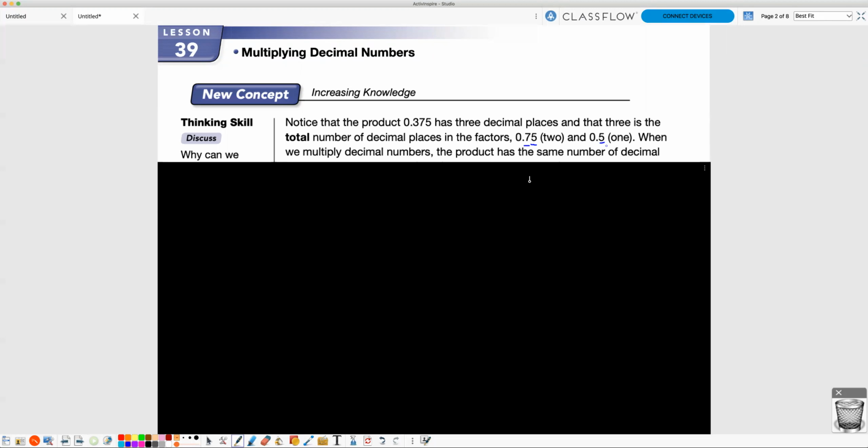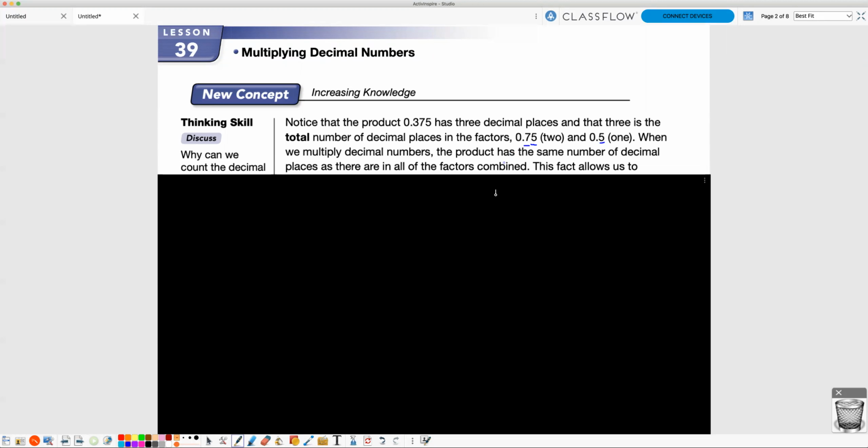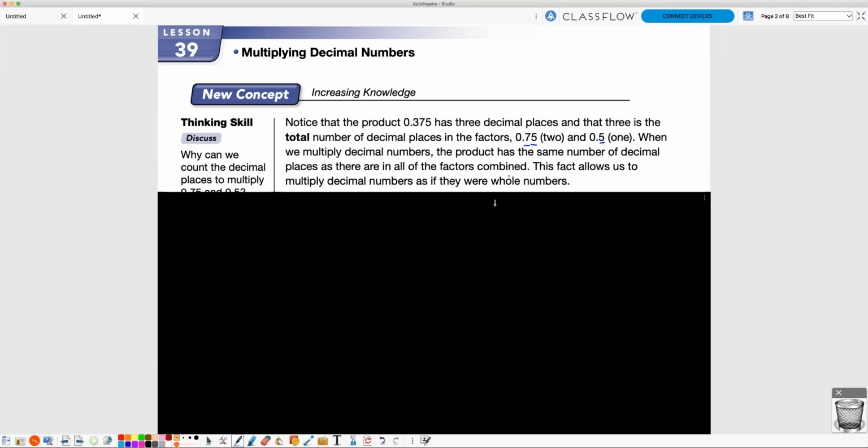When you multiply those numbers, the product has the same number of decimal places as there are in all of the factors combined. So the two factors, 75 hundredths and 5/10, combining all the decimal places, 1, 2, 3. This fact allows us to multiply decimal numbers as if they were just simply whole numbers.